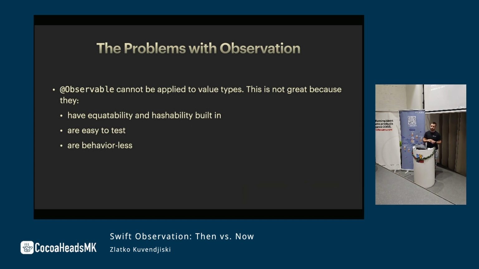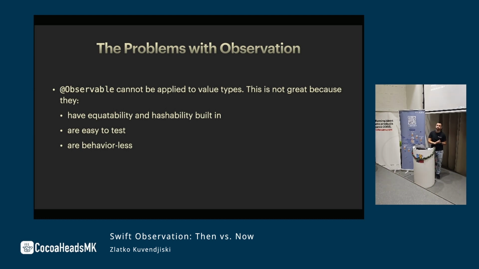That means that when you write a unit test, and let's say you want to test whether a model changed, let's say some property within the employee changed, because value types have equatability built in, it's very easy to check the first version of your employee and the second one, compare them, are they the same or not. That's not true for reference types, for classes.